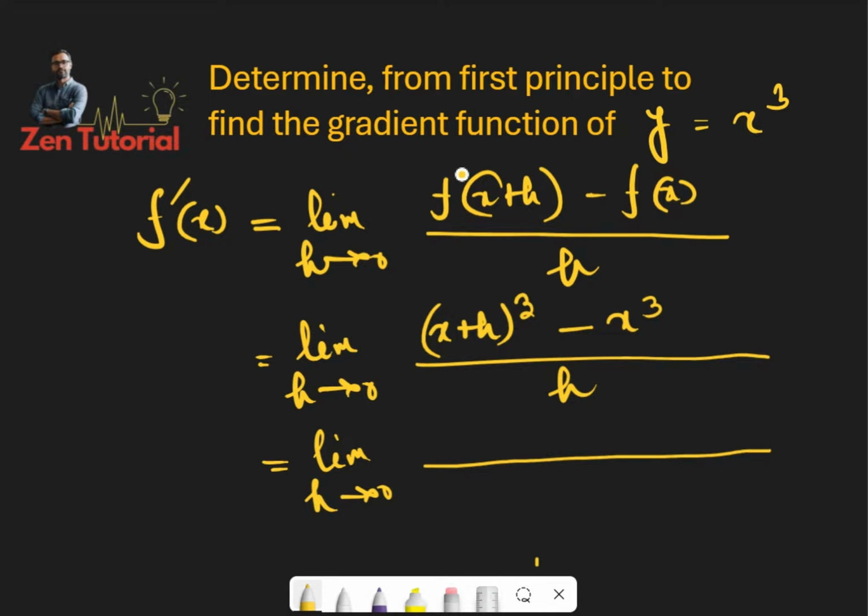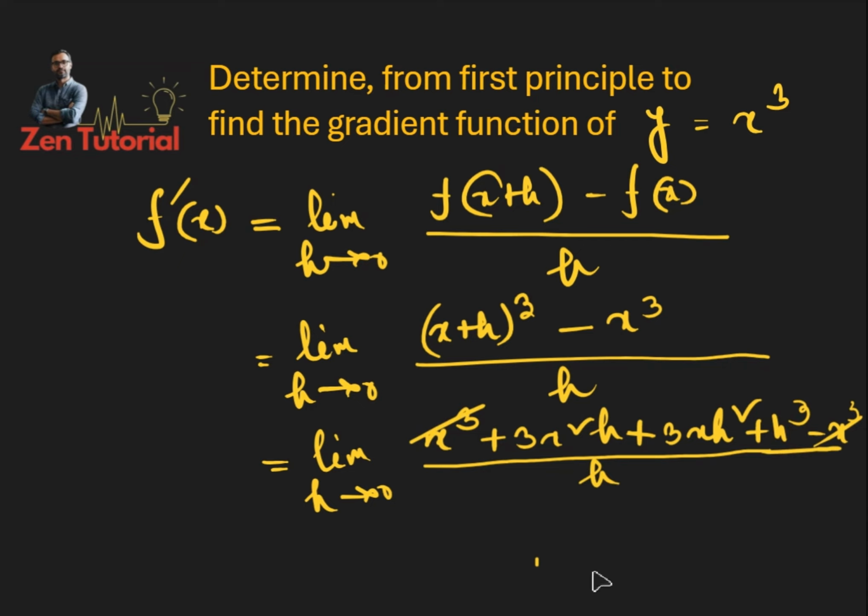So x plus h whole cube, basic algebra: x cube plus 3 x square h plus 3 x h square plus h cube minus x cube. So x cube cancels out.